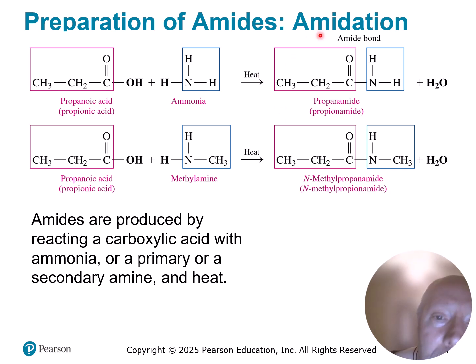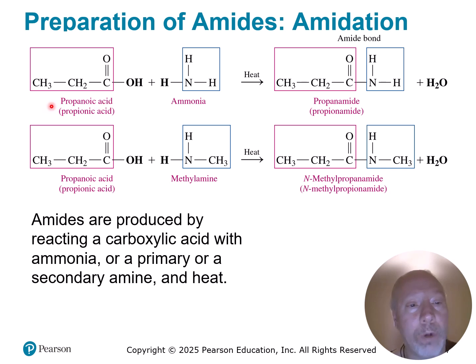So moving on, amidation. What in the heck is that? Well, we learned about carboxylic acids as a reference, but we can react carboxylic acids with ammonia and get, guess what? Amides.